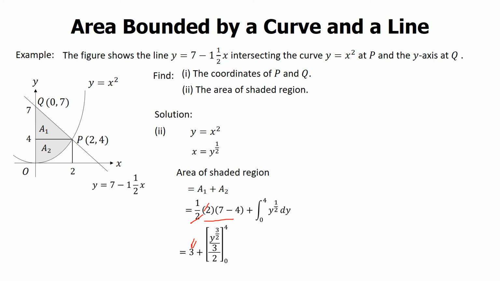Now to find A2, we integrate y to the power of half, and we get y to the power of 3 over 2 over 3 over 2, with the range from 0 to 4. Taking out the 3 over 2 becomes 2 over 3, so it's 3 plus 2 over 3 times 4 to the power of 3 over 2, and the answer is 25 over 3 units square.